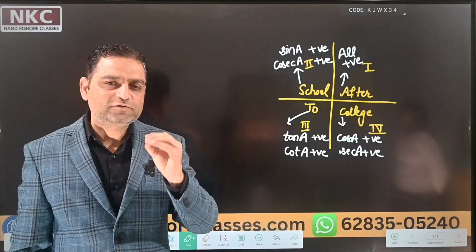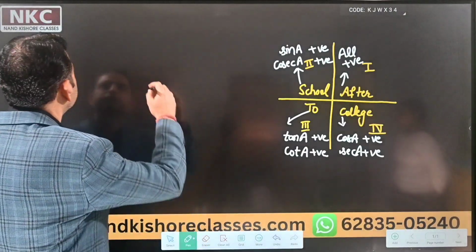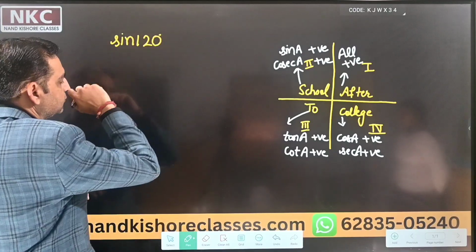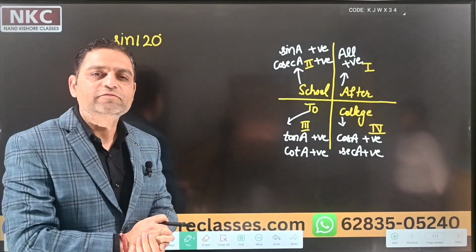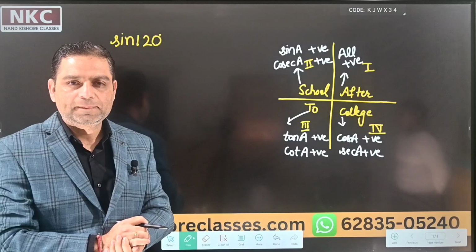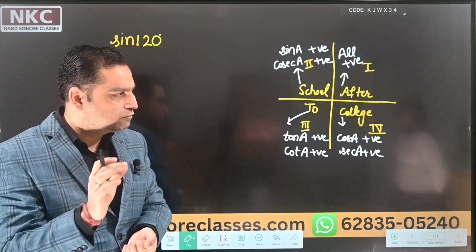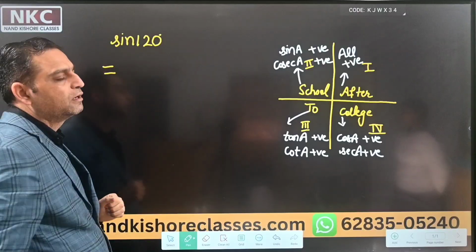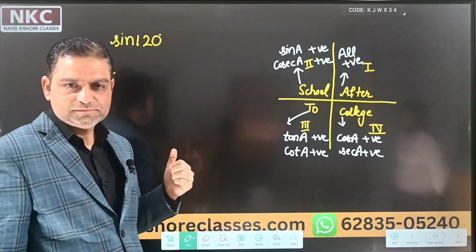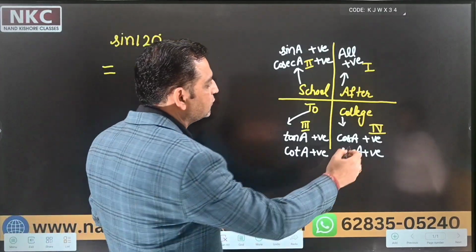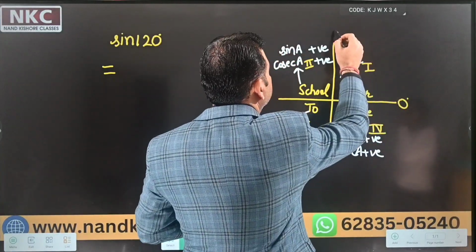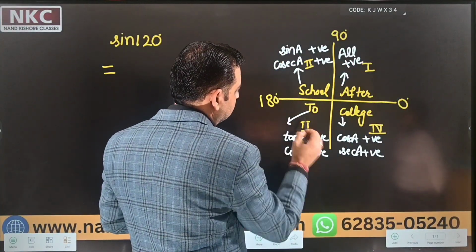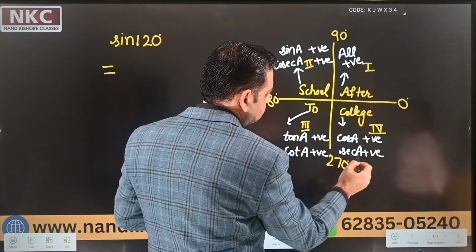Now I'm going to explain to you. Let us start with sine 120 degree. Let's suppose we want to find the value of sine 120 degree. First of all, what should we think? This 120 degree angle, in which quadrant does it come? Okay, this is 0 degree, this is 90, 180, and this is 270.